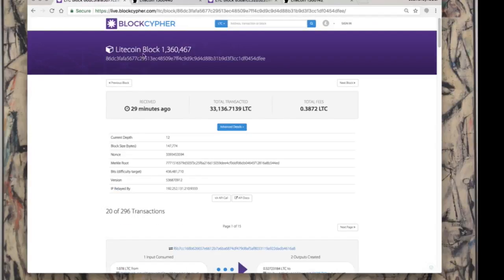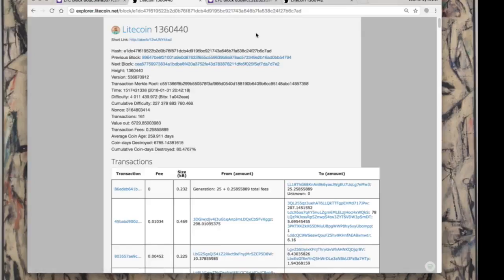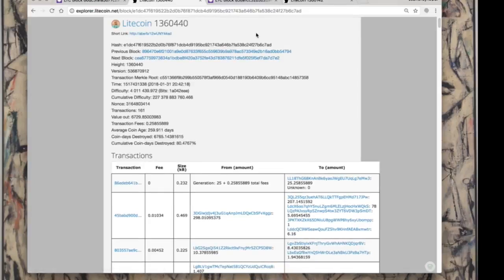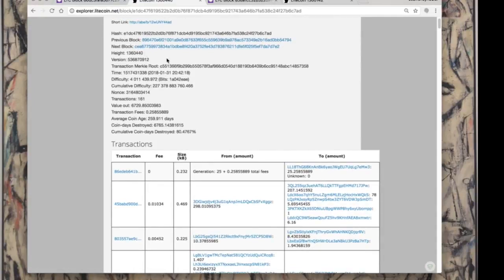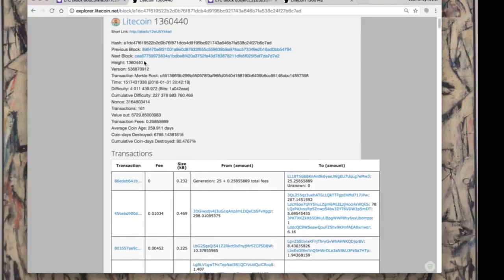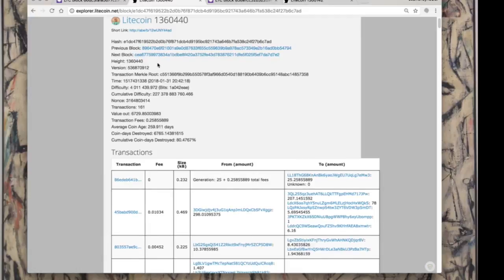But here for Blockcypher, we see that the block header is recorded up here. That's how you distinguish between different blocks. So this tells you what the previous block was, what the next block is, and then the height. That's the number of blocks in the blockchain and where this block is in relation to that.